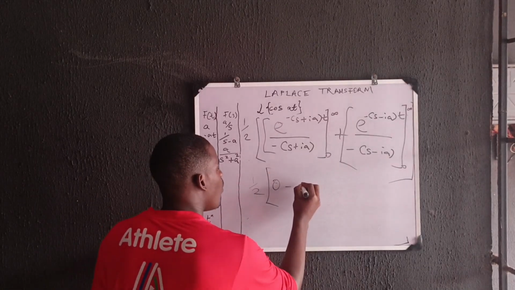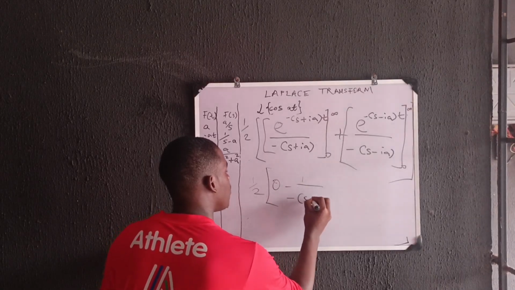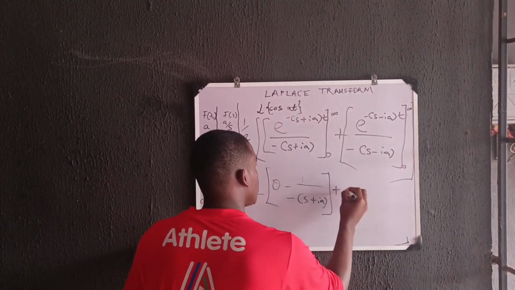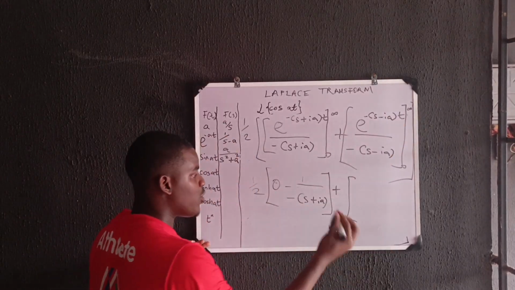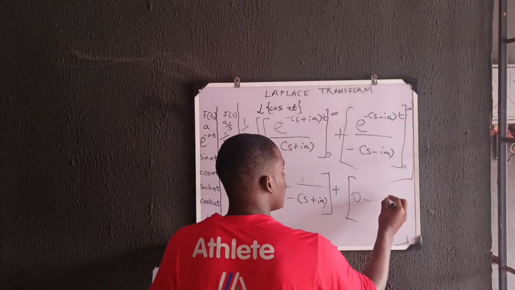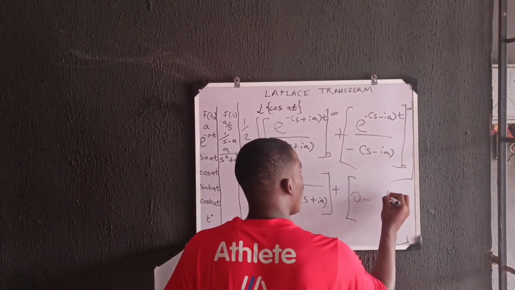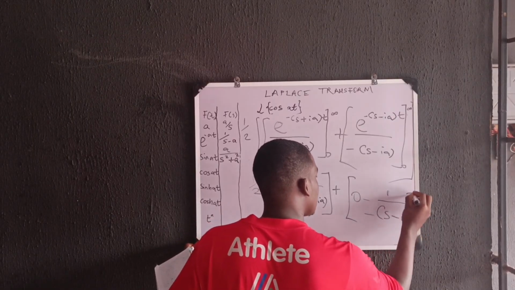So we are going to have 1 over negative S plus IA. That is going to be our first one. Plus, what is going to be the second one? To the power of infinity, we are going to have 0 again, minus, to the power of 0, we are going to have 1. So we are going to have 1 all over minus S minus IA, right?